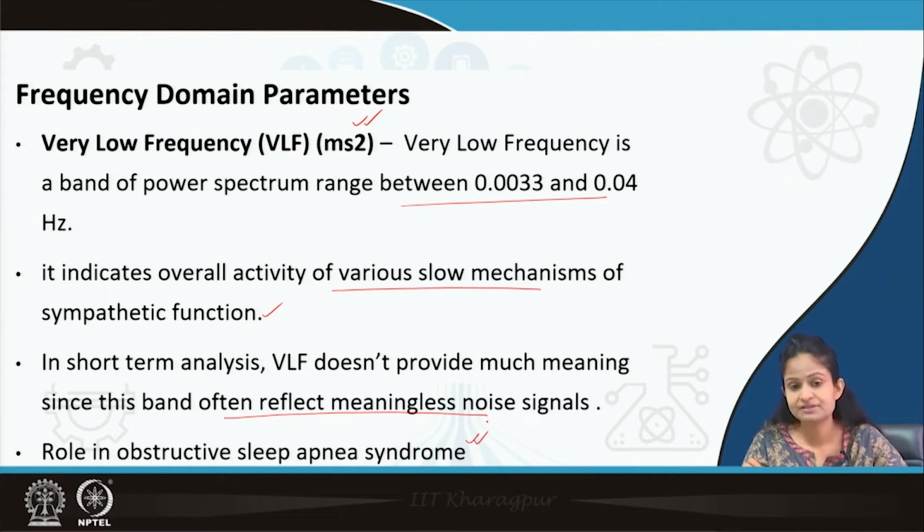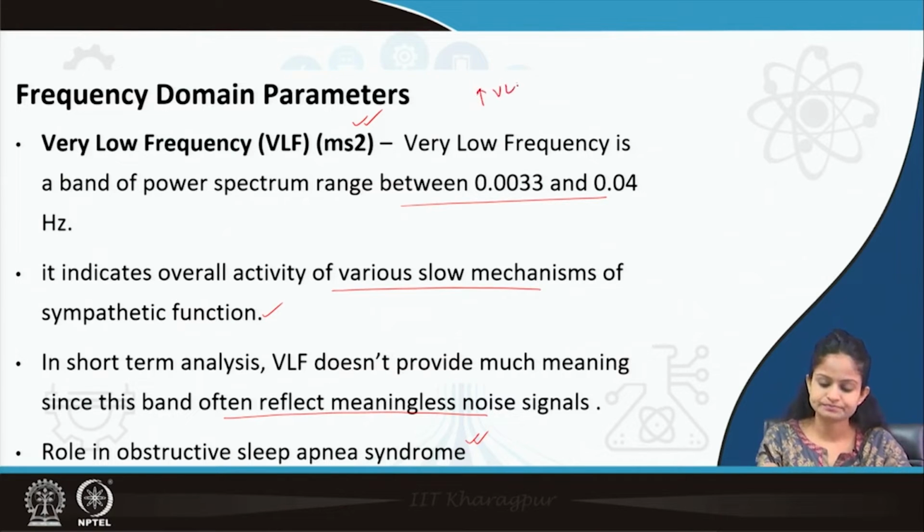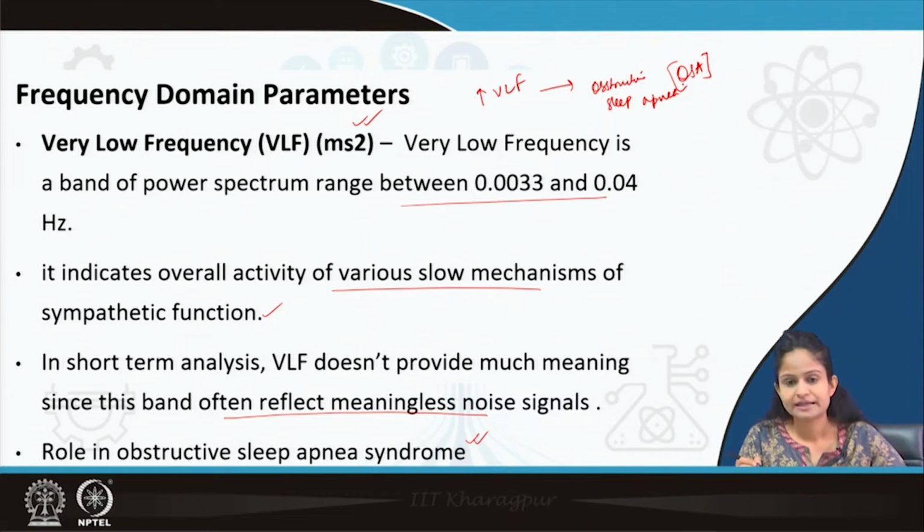in obstructive sleep apnea. We usually see increased VLF in obstructive sleep apnea, OSA, because in obstructive sleep apnea there are episodes of respiratory arrest, which is related to hypoxemia.